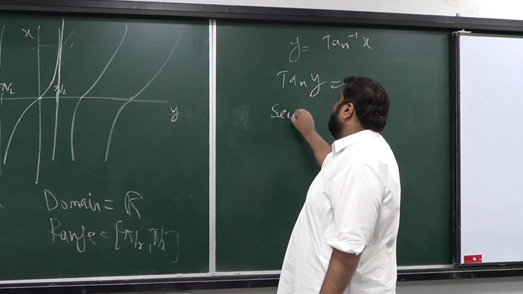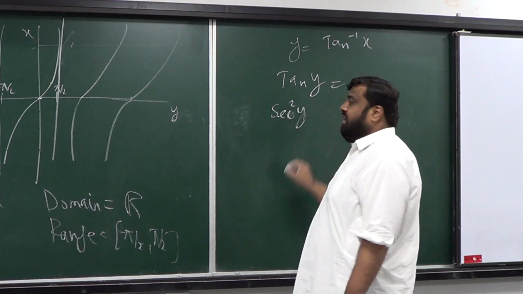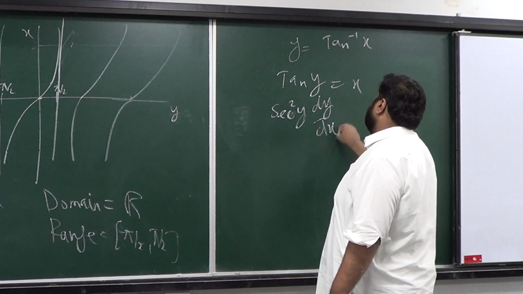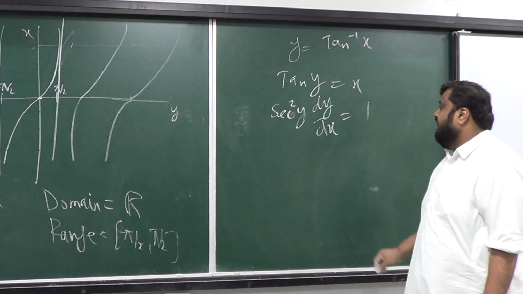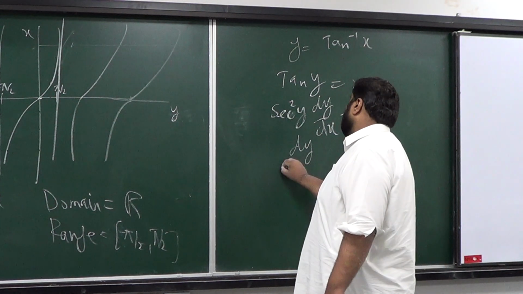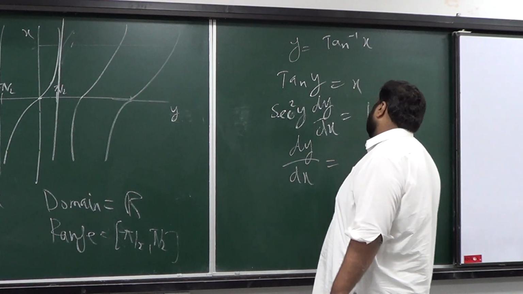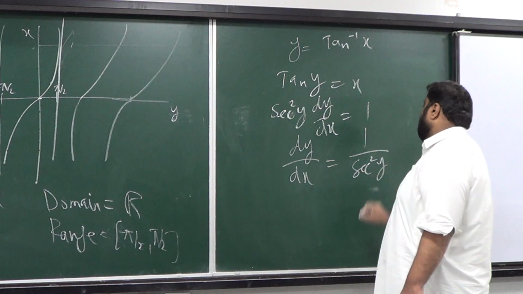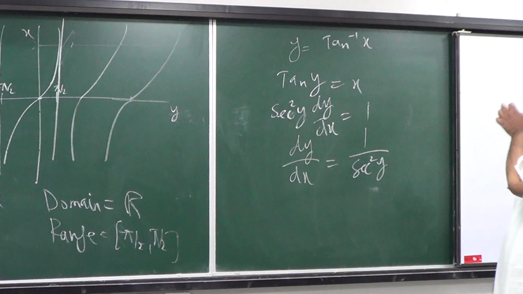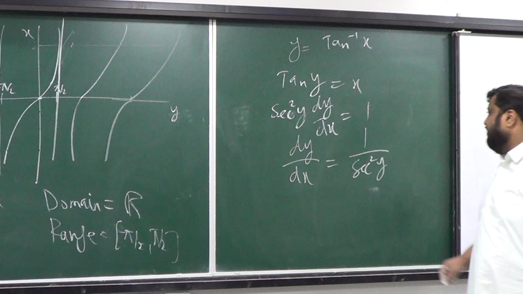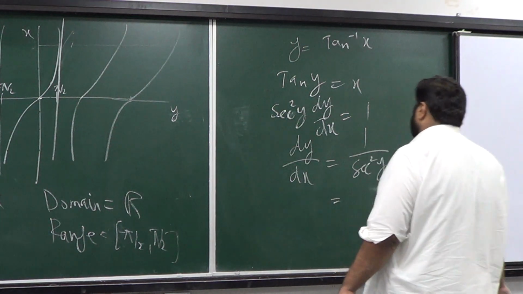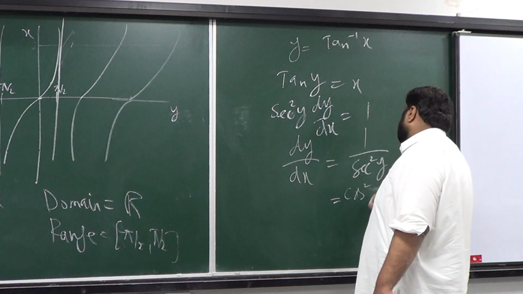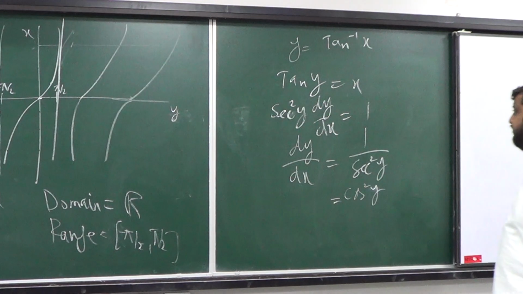This is going to be secant square y times dy by dx, and the right side will become 1. So dy by dx is 1 over secant square y, but secant square y is really 1 over cosine square y.